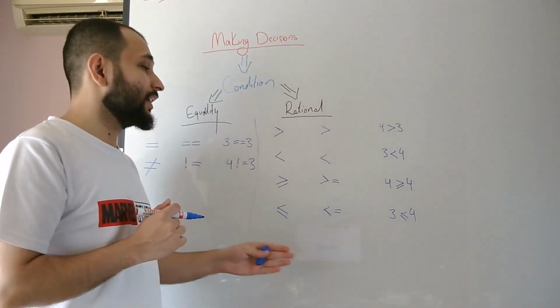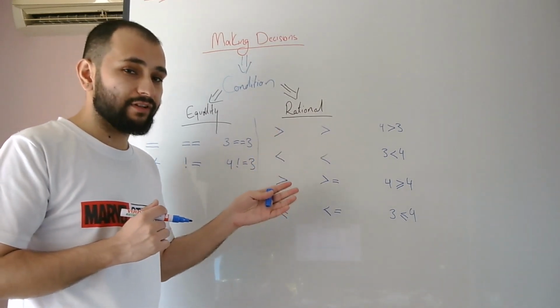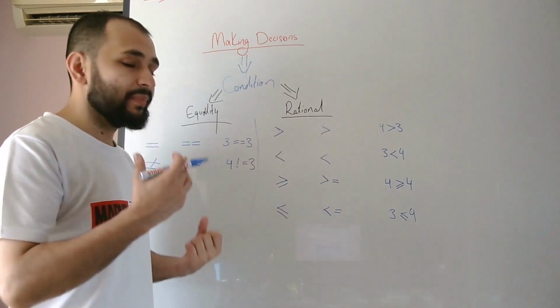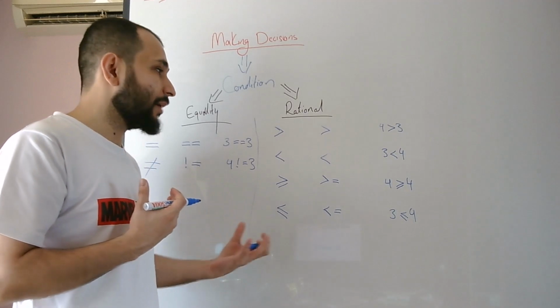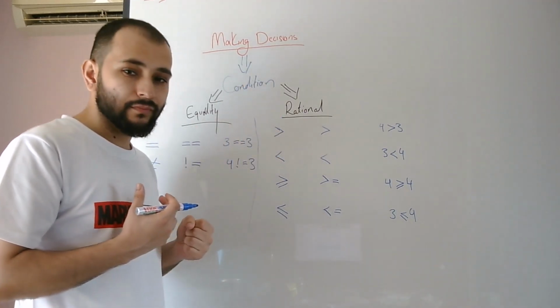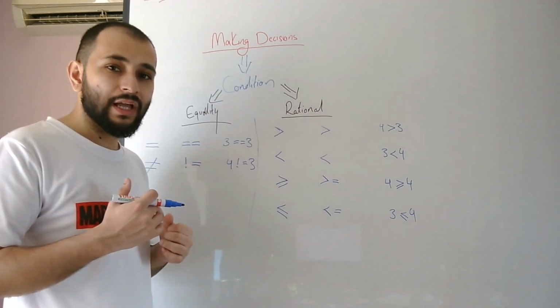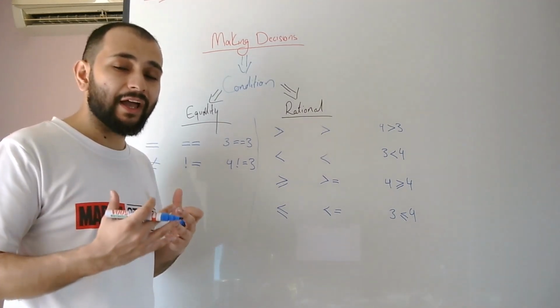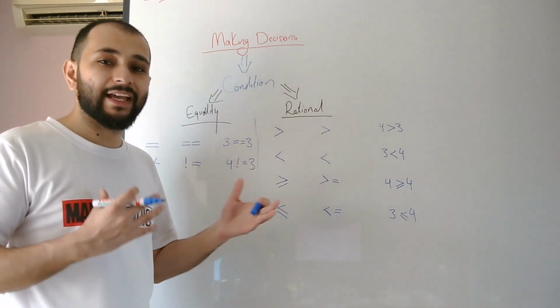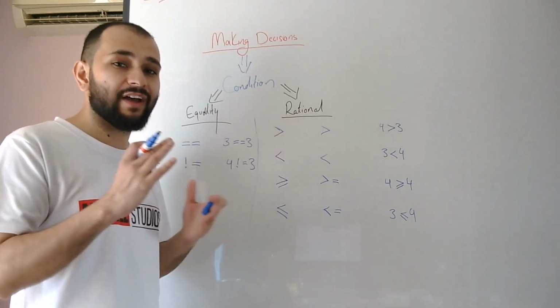So these are the relational operators that we have in the C programming language, and using these relational operators, comparing values, comparing numbers, we can create conditions. And now we can go to my laptop and see that if we use these operators, we can get a true or false evaluation.